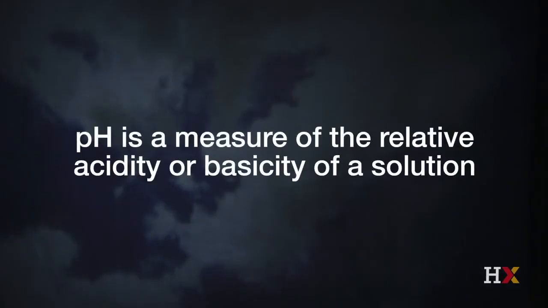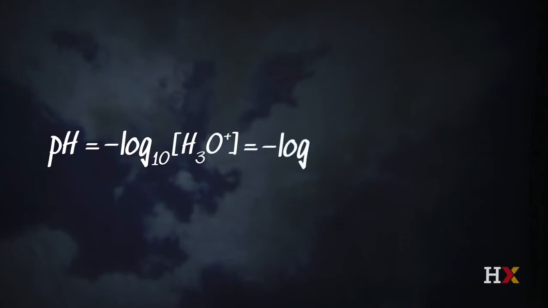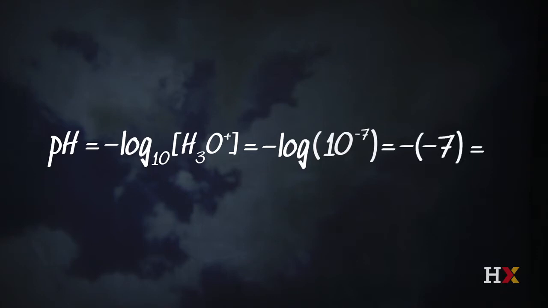So pH is therefore a measure of relative acidity or basicity of a solution. And we can write this for a condition of pure water immediately, because we can write that pH is equal to minus log to the base 10 of the H3O+ concentration, and that's equal to minus log of nothing other than 10 to the minus 7, which is the concentration of H3O+ in pure water, and that gives me a minus of a minus 7, which gives me plus 7 for the pH of pure water.